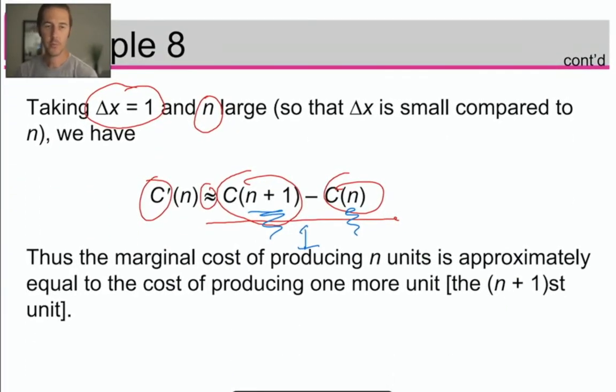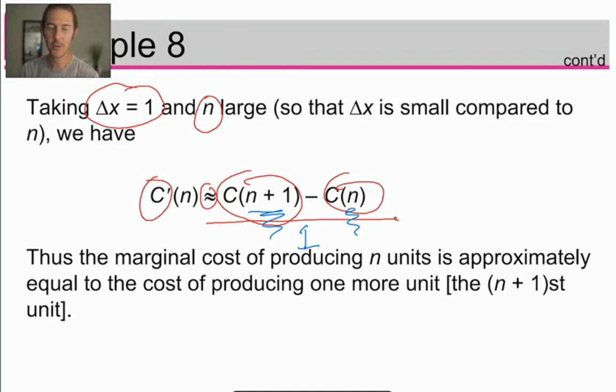In other words, as a result, the marginal cost of producing n units is approximately the first derivative of the cost function. Remember, marginal cost in this context means the first derivative of the cost function.